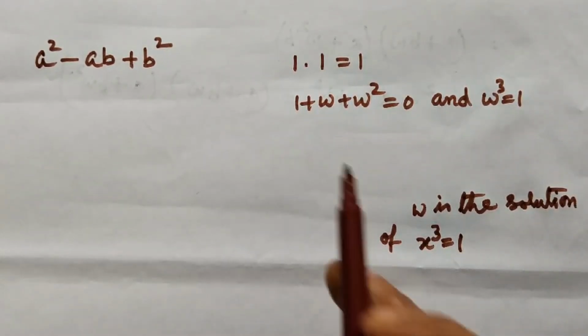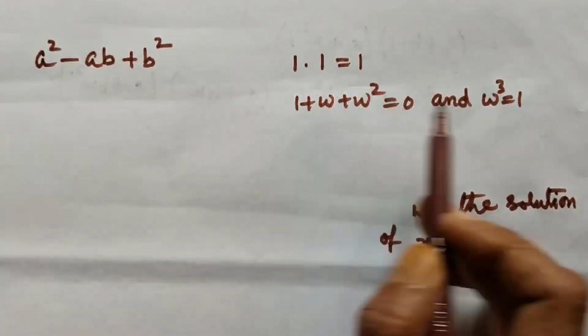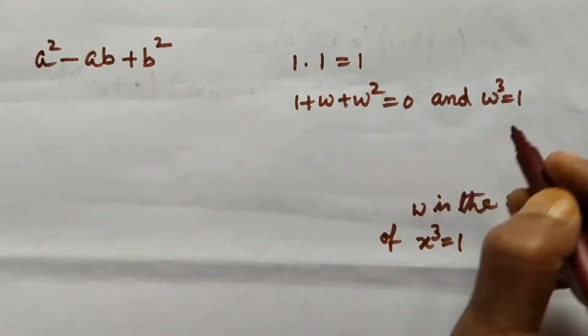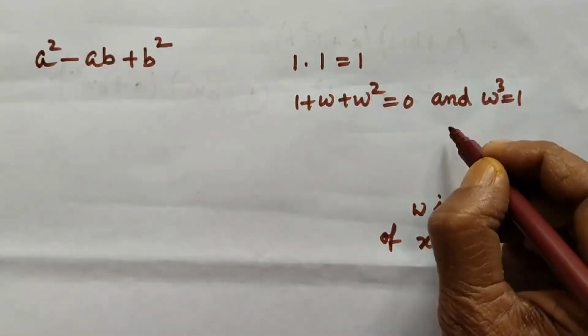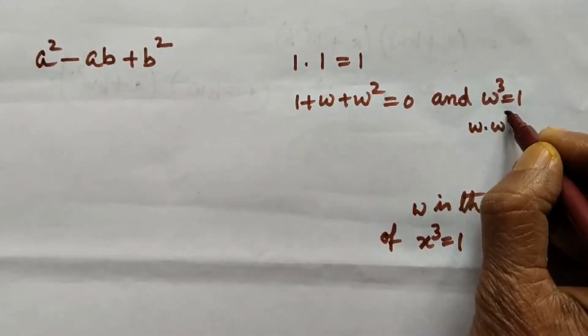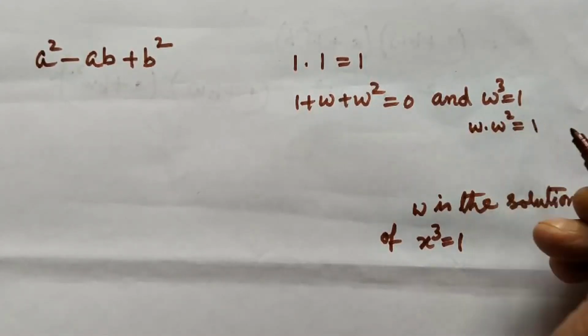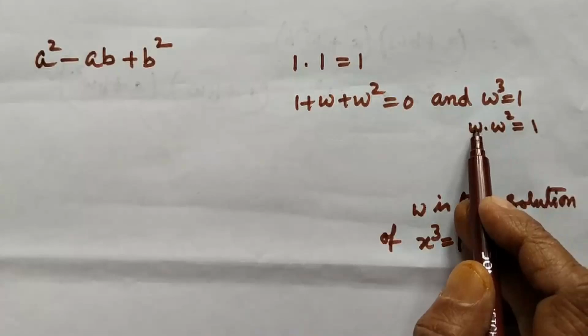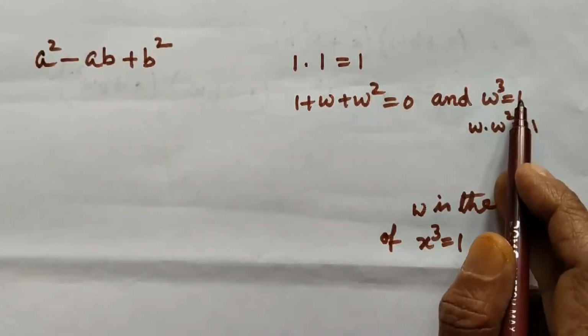See, in the two formulas there are two ones. That means 1 is equal to omega cube, and we may write omega into omega square is equal to 1. From the law of indices, omega into omega square is omega cube, that is equal to 1.